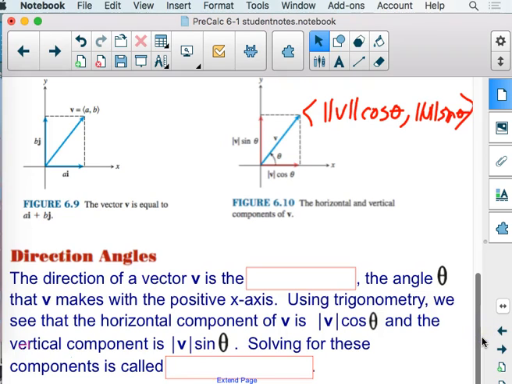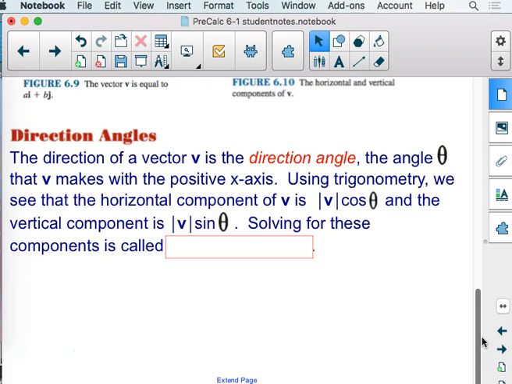So the direction of a vector v is the direction angle, the angle theta, that v makes with the positive x-axis. So we want to start on that positive x-axis, describe to people, go this far, and you'll know where my vector is.